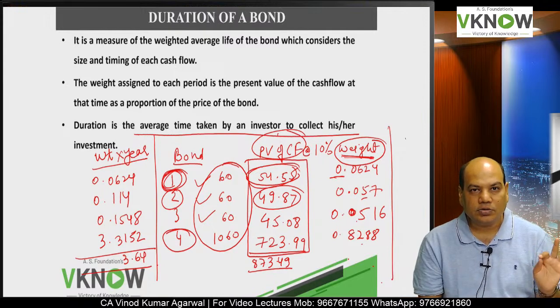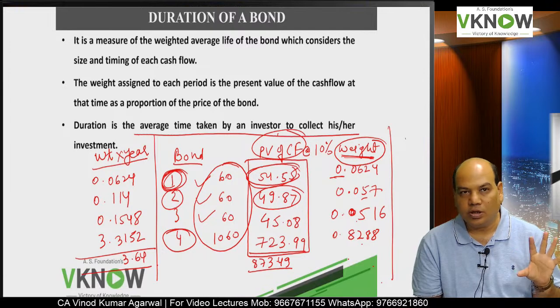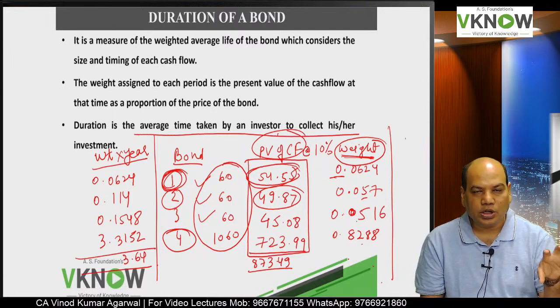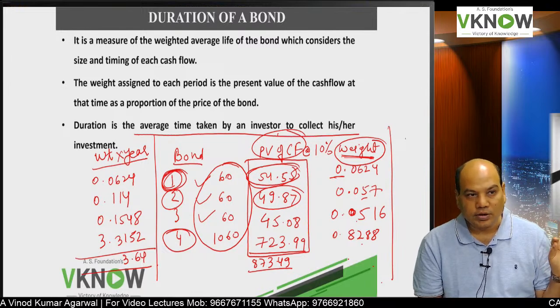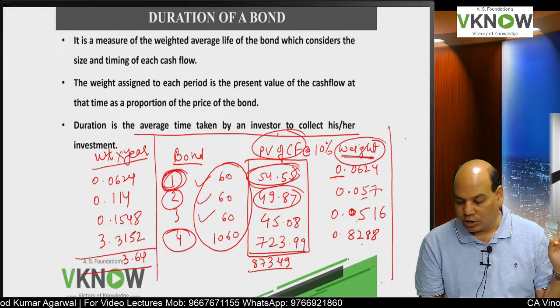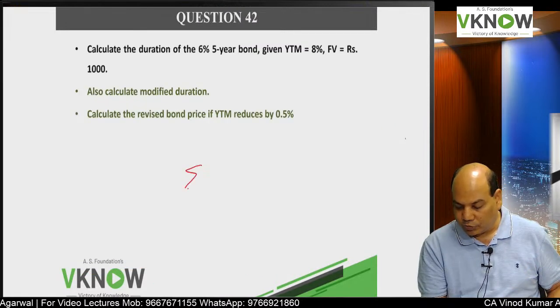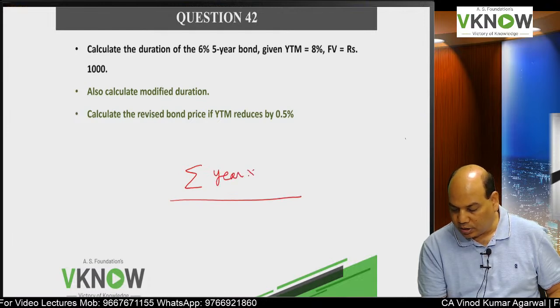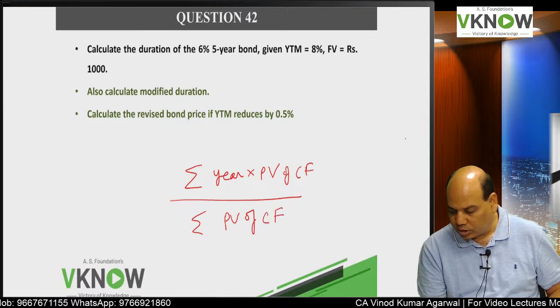So first task is, what is duration? It is the average maturity of the bond, time required by an investor to recover his or her investment. Okay, second thing we have learned how to calculate the duration. So duration can be calculated by taking the sum of year into PV of cash flow divided by sum of PV of cash flow.